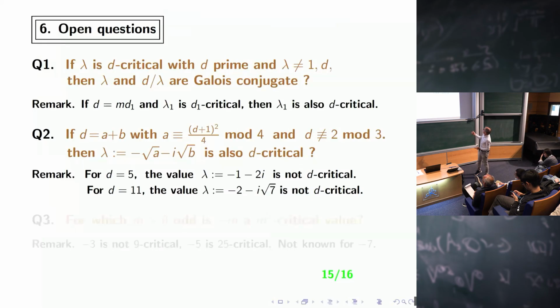Even for d equal 15, I will have a value which will be minus 2 minus i square root of 11. I don't know what the corresponding function is. I don't have a clear answer to that.